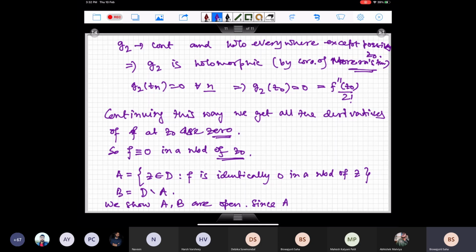Since A is non-empty and D is connected, this implies D must be equal to A. If I have a connected set, I told you already the definition, we can't write a connected set as a disjoint union of non-empty open subsets, but that is what is happening over here. So since I can write it like this, and I know that A is non-empty, therefore B must be equal to empty, and that will imply D equals A, and this will complete the proof.